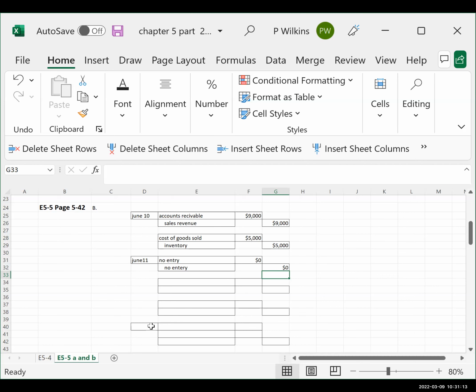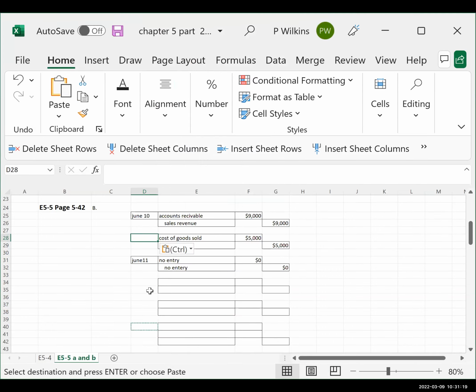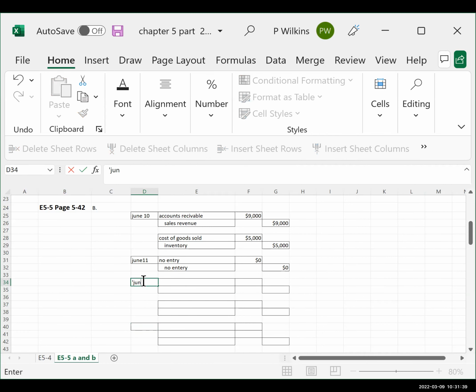Okay. All right. So now we're going to go on to the next date, which is goods totaling $600 are returned to MacGyver on June 12th. Okay, so the date is June 12th.